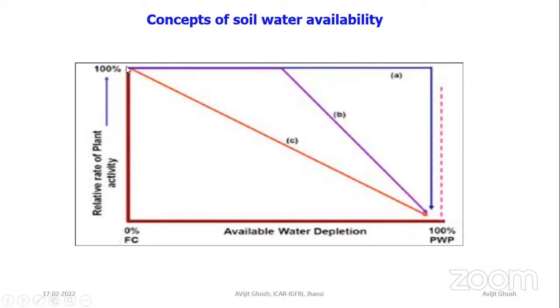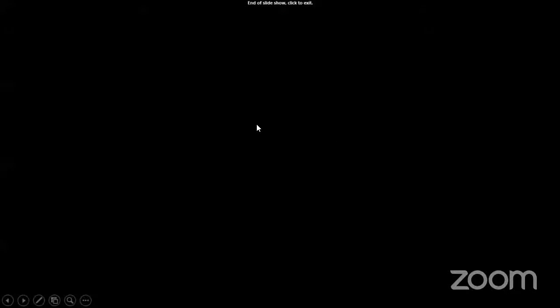And the third hypothesis stated that plant water availability gradually decreases as the water content gradually decreases from field capacity to permanent wilting point. These three theories have been proposed for the soil water availability concept.